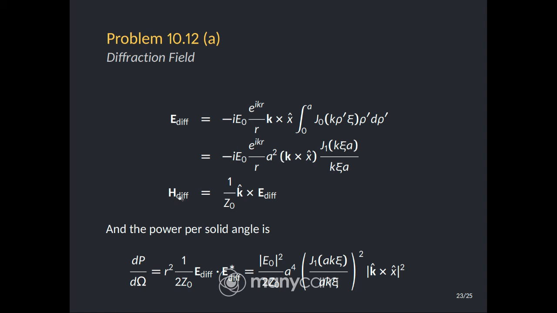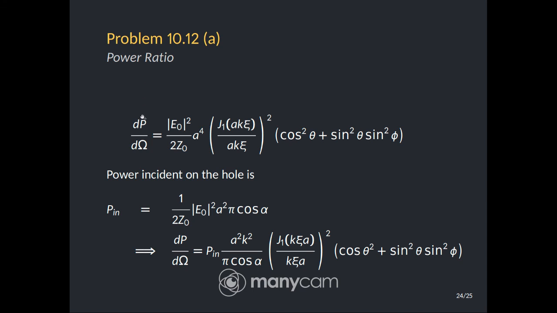The H field is just k cross the electric field. So the power per solid angle is this formula, and we take the square of the electric field. We can get our power per solid angle expressed in this form with some angular dependence here.